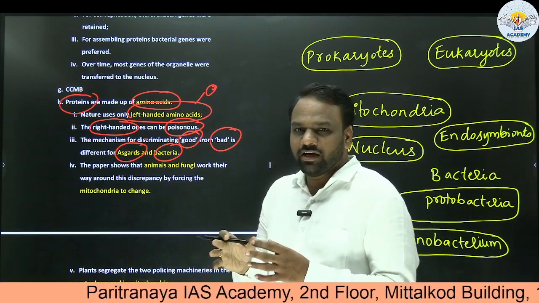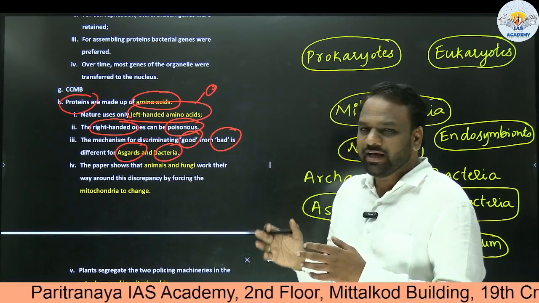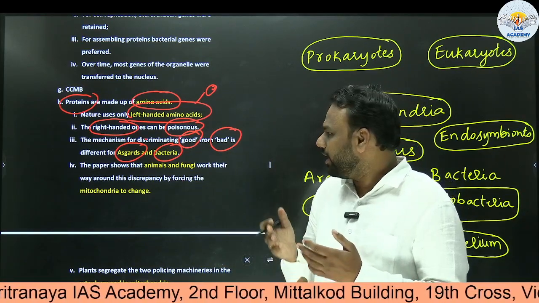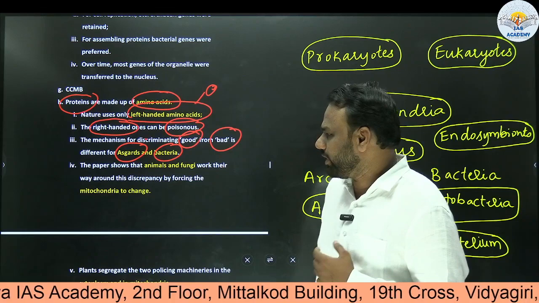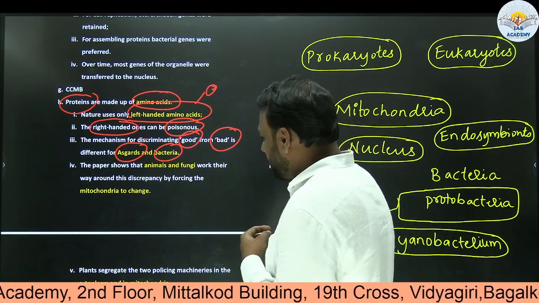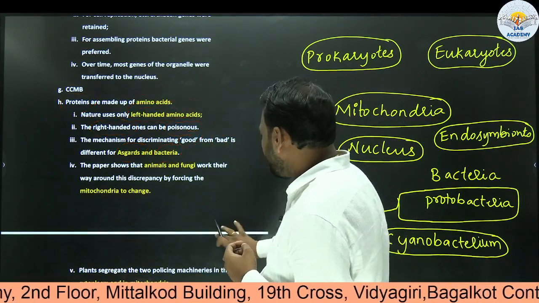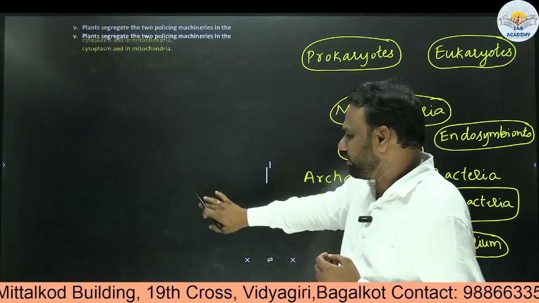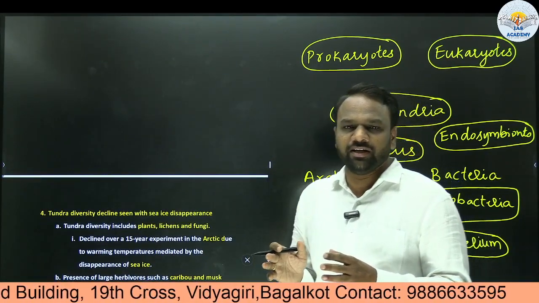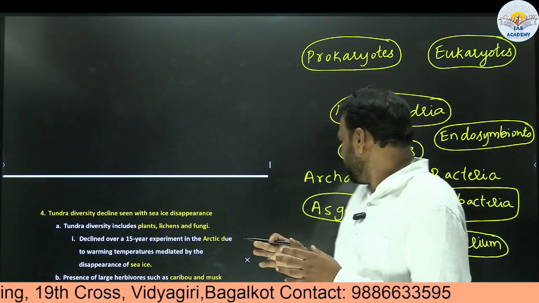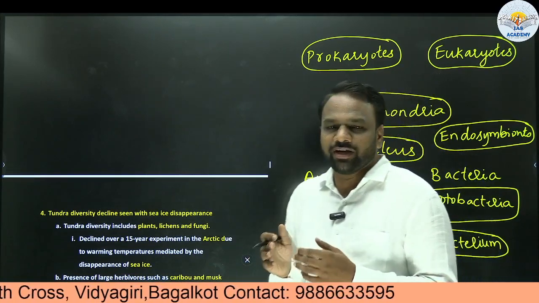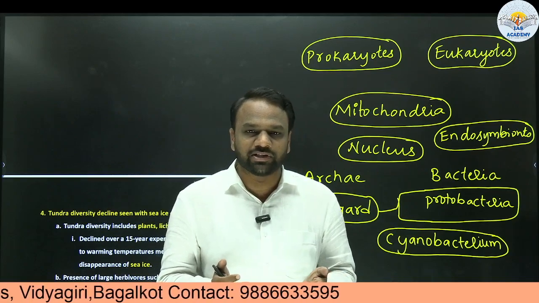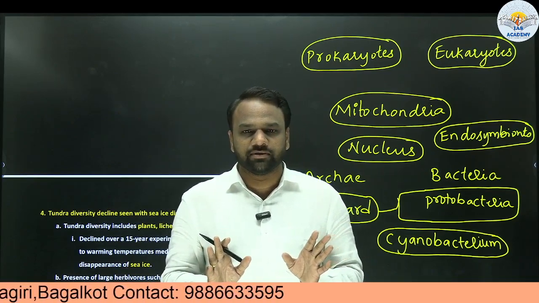The way Asgards differentiate between good and bad is different from the way bacteria discriminate. How exactly they do it has been given here, but it is not important. Here we need to understand that bacteria and Asgard have different mechanisms for discriminating between good and bad amino acids.